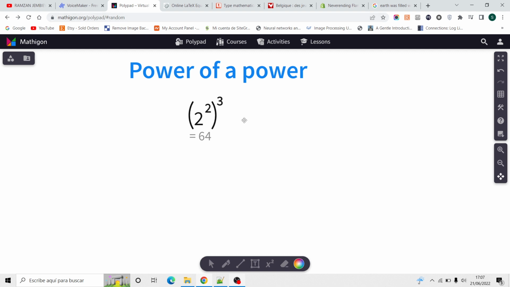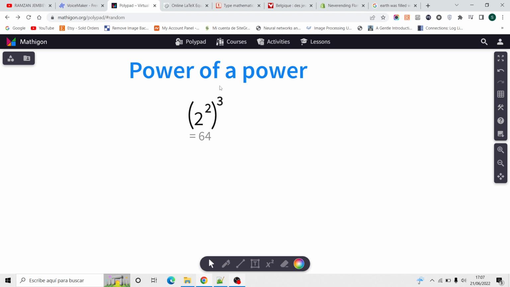So in my last video about power, I explained that a power is comprised of two things, a base and an exponent. So here you have 2 to the exponent 2 to the exponent 3.